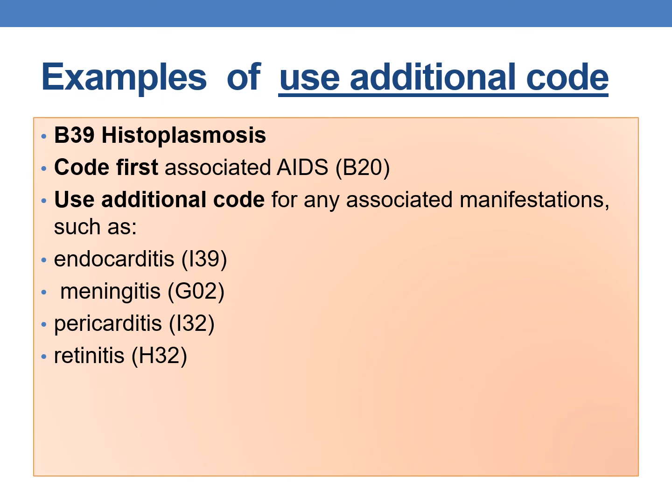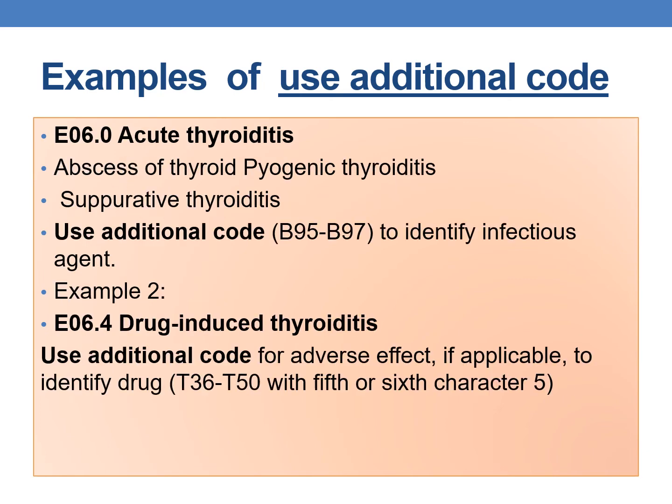Some more examples for use additional codes. Under B39 Histoplasmosis, you find code first, that is associated AIDS, and use additional codes for any associated manifestations such as endocarditis, meningitis, pericarditis and retinitis. So these are the manifestation codes which are indicated under an etiology code with use additional code. Here you can find the example of E06.0 acute thyroiditis.